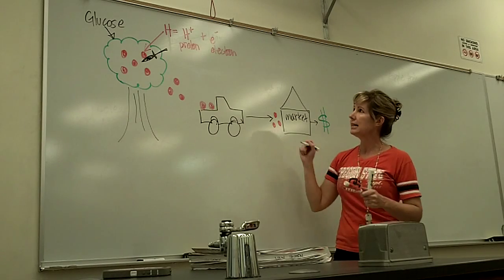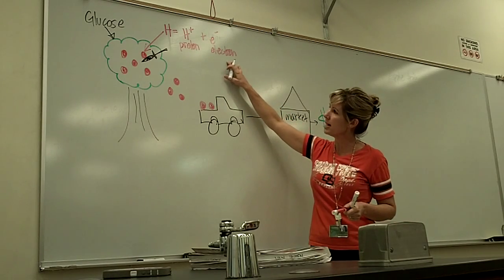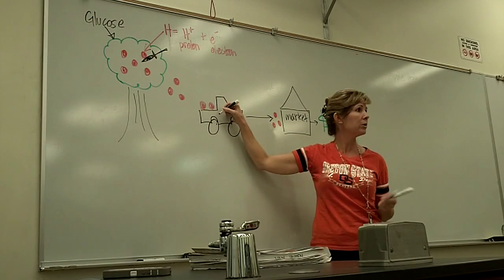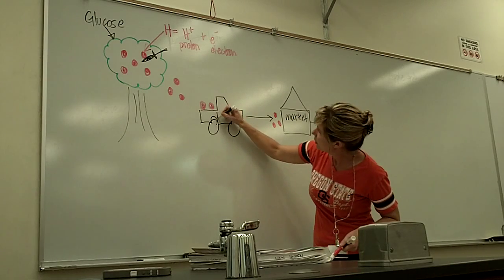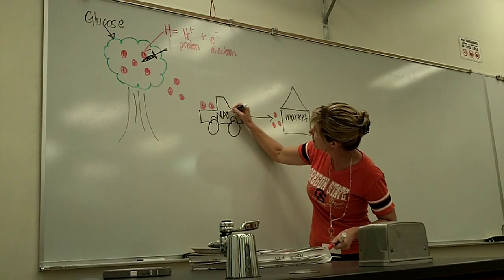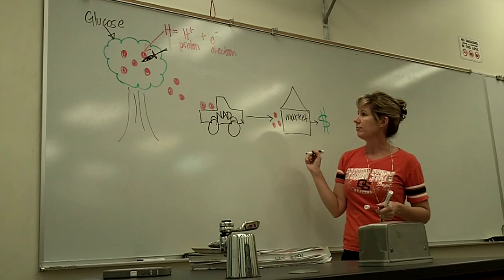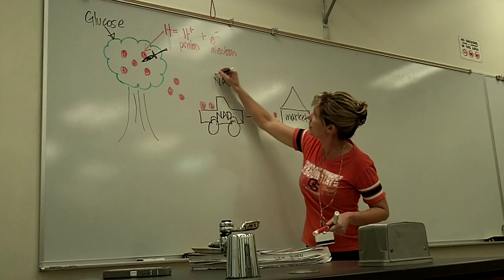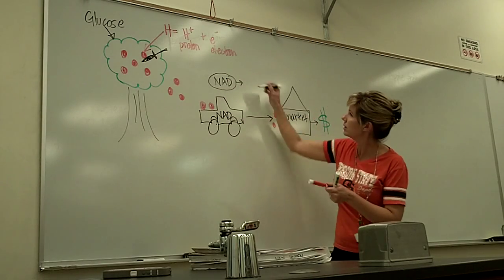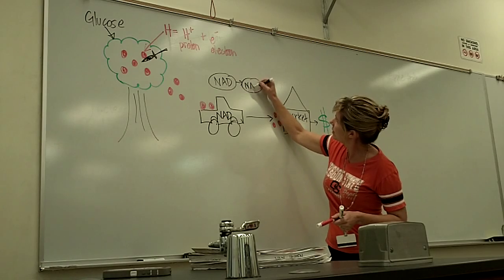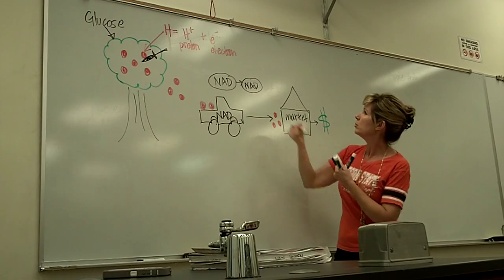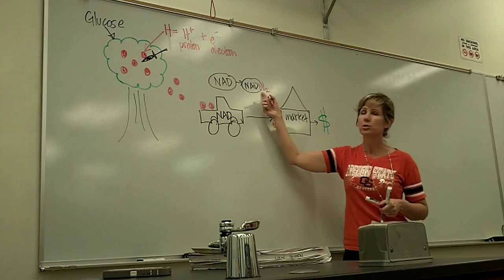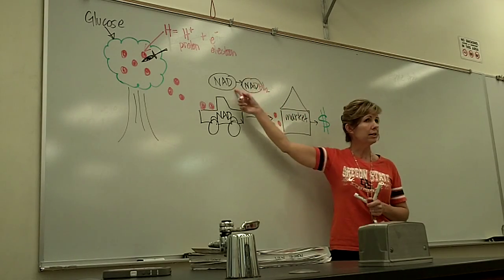And the electron carrier for metabolism is going to be called what? What three-letter word? NAD. So NAD on its own can be loaded up with its harvest. 2 hydrogens can be carried on NAD.